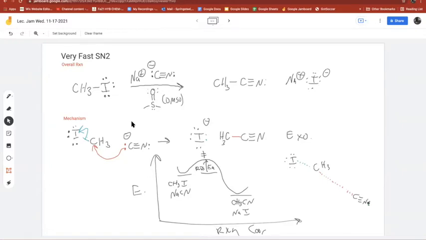And charge-wise, who's changing charge? The iodine starts off 0 and it goes to -1. So it's only just starting to get that negative charge. So I'm going to go like -1/4. And the cyanide starts off at -1 and becomes 0. So it's just starting to lose that negative charge. It's like -3/4. There we go.